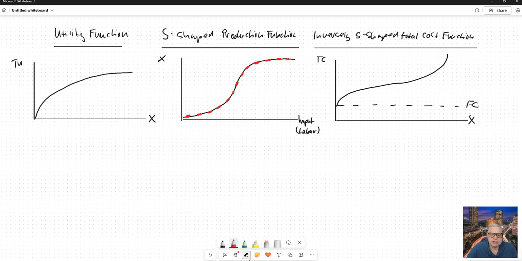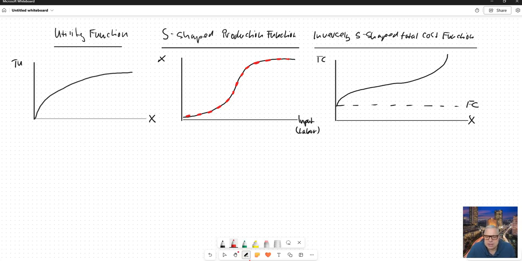So initially we explain that output grows faster than input with specialization gains. But then eventually we reach a point when people start standing on each other's feet. Having more and more labor is still good, but now it increases output only at a lower and lower rate.